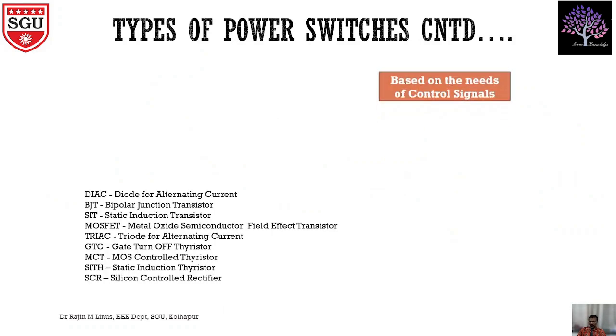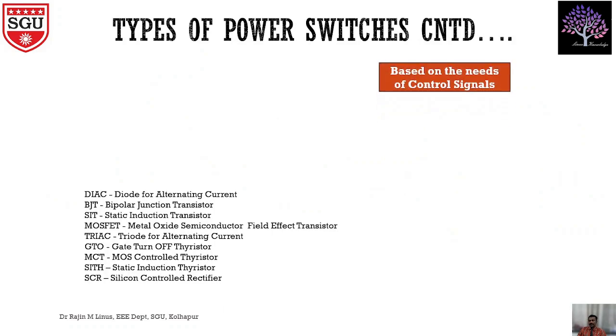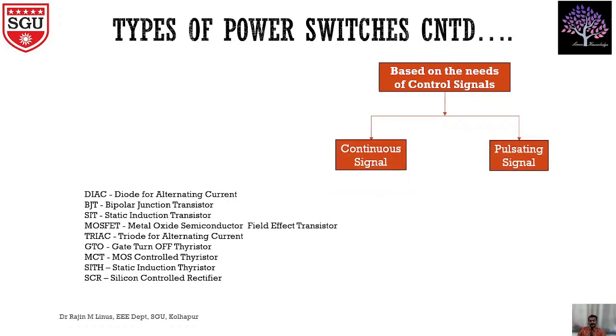Let us see the last type of category. Based on the needs of control signal, switches are classified as some switches require continuous signal, some switches require pulsating signal. So, for example, continuous signals are required to keep the switch on all the time.